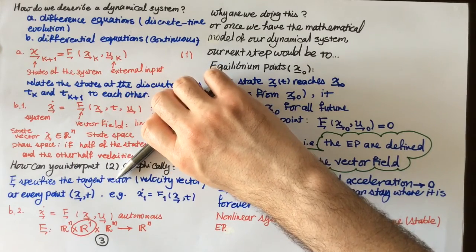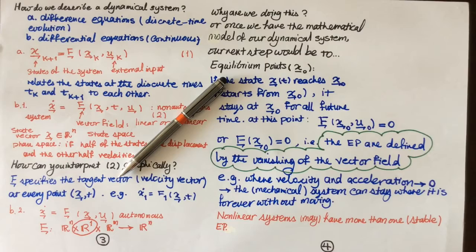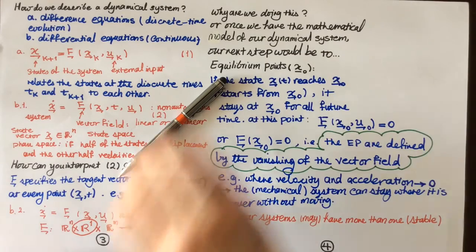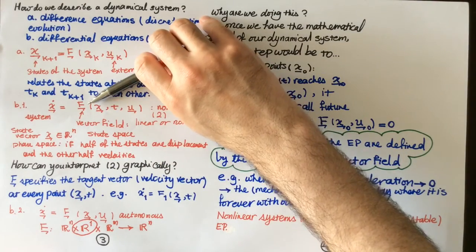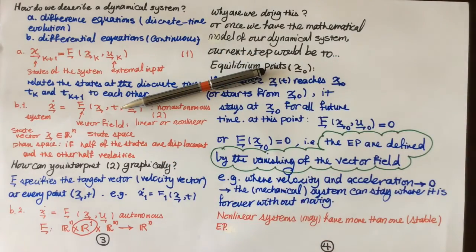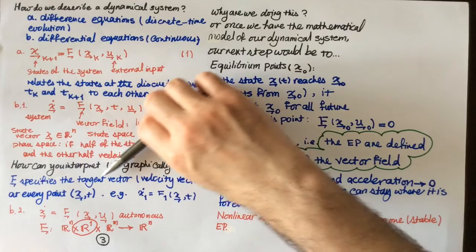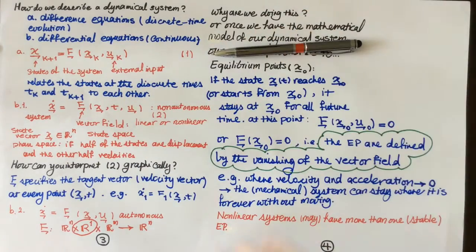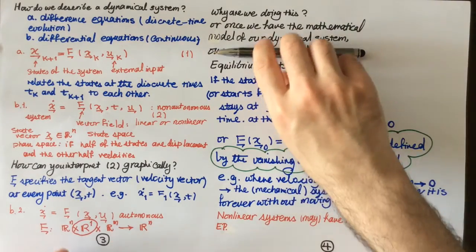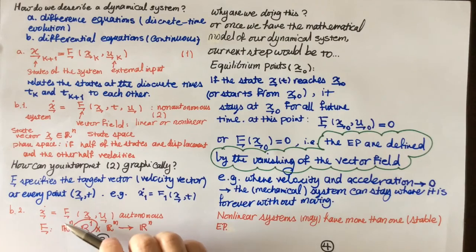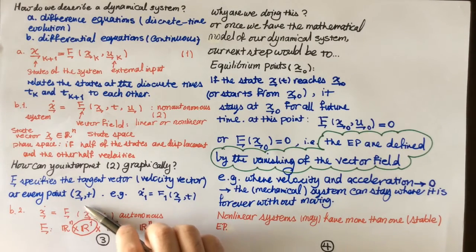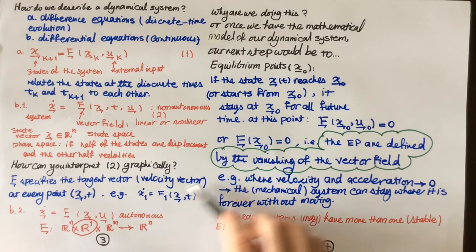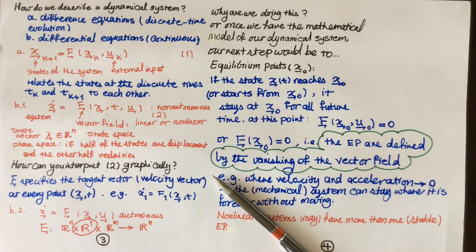This is just basic calculus because x dot is described using f. We can explain f as the tangent vector at every point x and t. Same thing applies here. We can explain f as being a tangent vector at every point, at every x of this vector field.